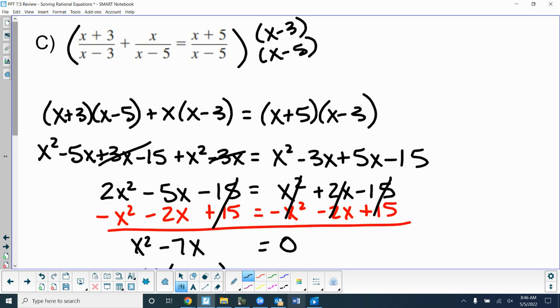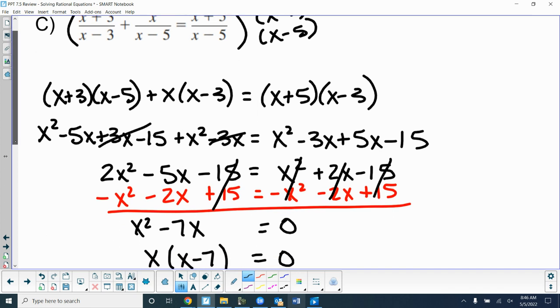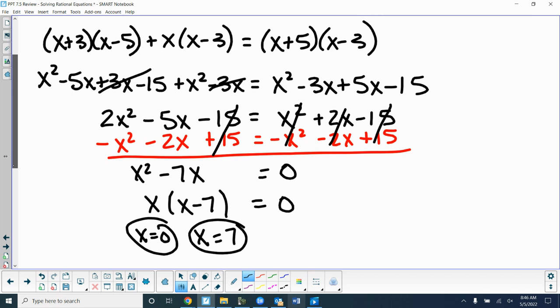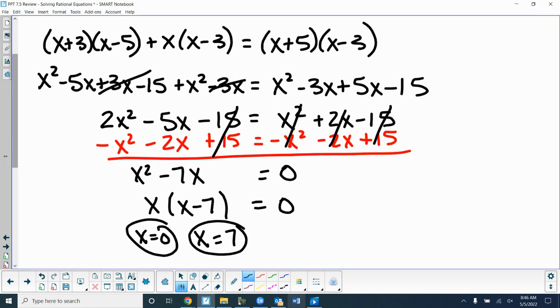No. Will 7 minus 3 or 7 minus 5 give you 0? No. So we're good, right? So those are our 2 solutions. Okay? Any questions on that? Cole, did that make sense? Yeah. Okay, good.